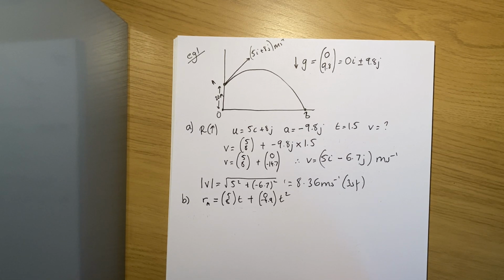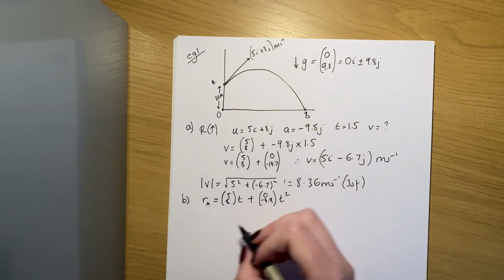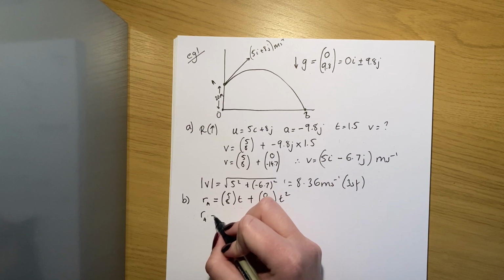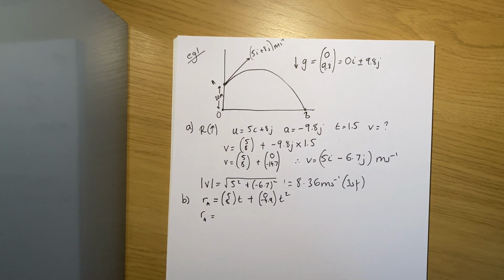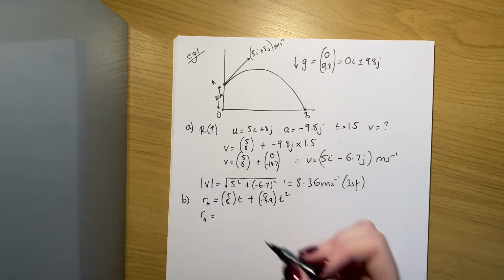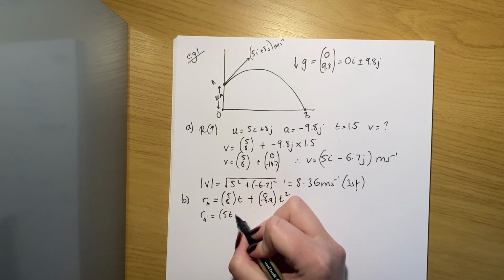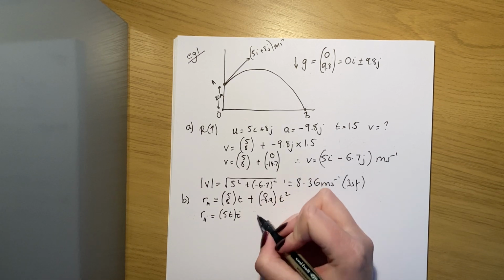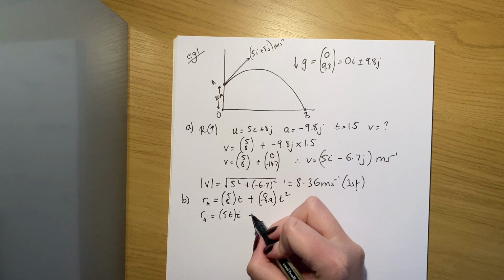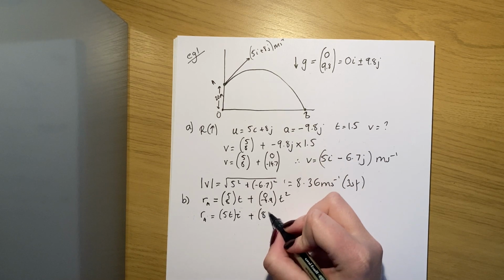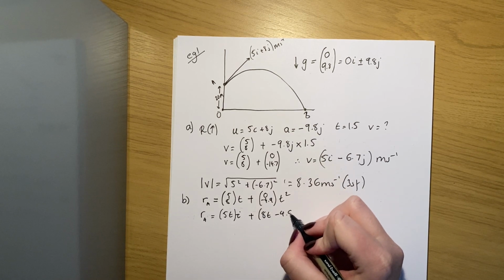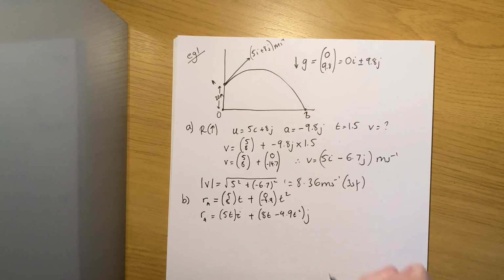So this is my equation for that. I'm going to write it in terms of i and j, because I need to then move it relative to O, which is 20j. So that's 5t lots of i, plus 8t minus 4.9t squared, lots of j.